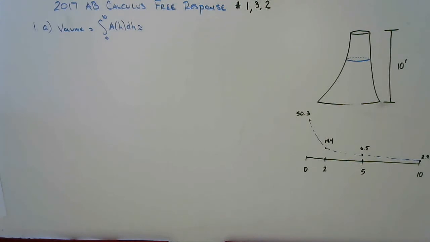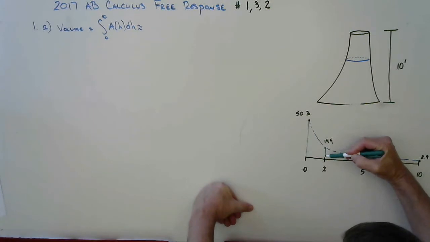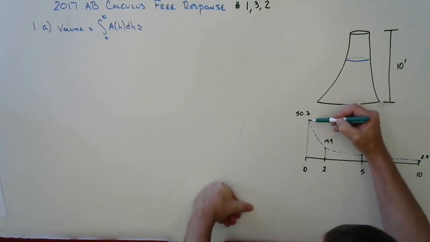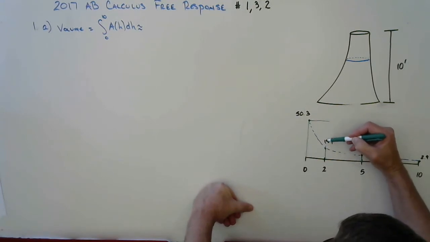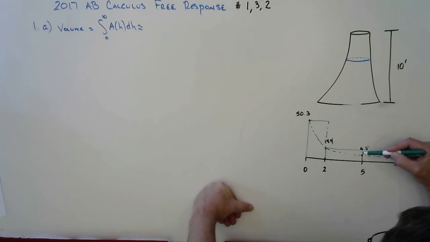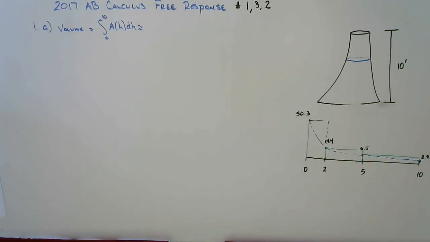They asked us to use left-hand Riemann sums. So if we come over here and draw in our rectangles, those are our left-hand Riemann sums.